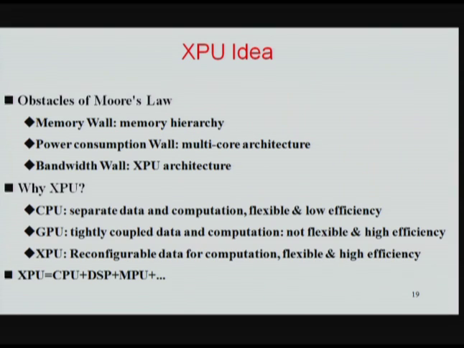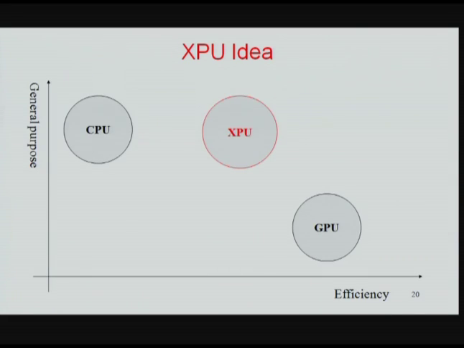We try to put high efficiency and flexibility into one architecture, which is XPU. It's reconfigurable data and computation, which means that in this architecture, we put the CPU, DSP, and MPU, everything. So if we see here, high efficiency GPU, general purpose CPU, we hope XPU should be here.